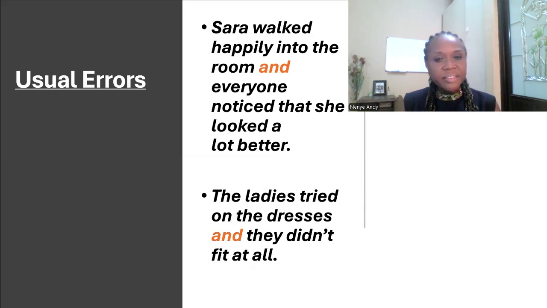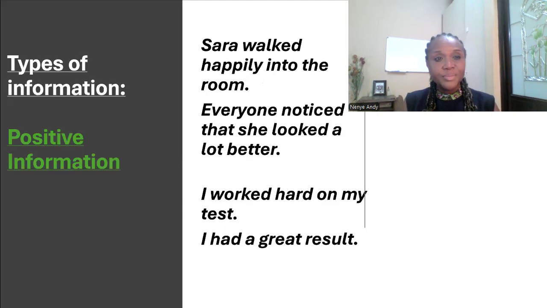The second sentence: the ladies tried on the dresses and they didn't fit at all. Now, if you look at this, and is used to link both sentences. However, and was correctly used in the first sentence, but it was wrongly used in the second sentence. The question is why? And that's what we're going to talk about now.